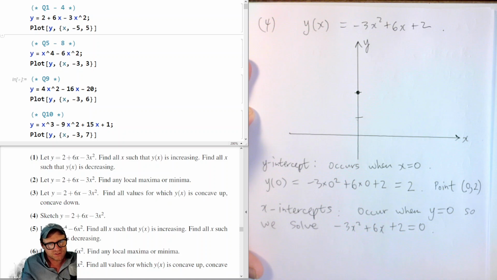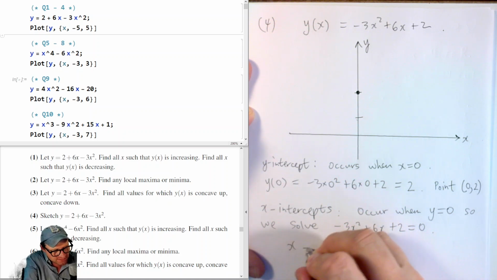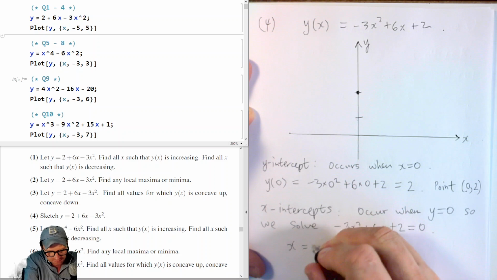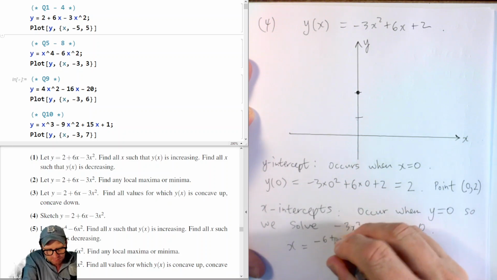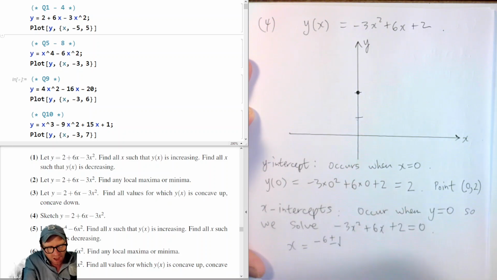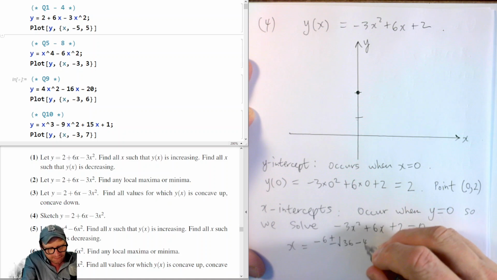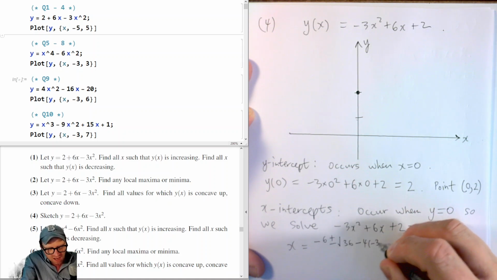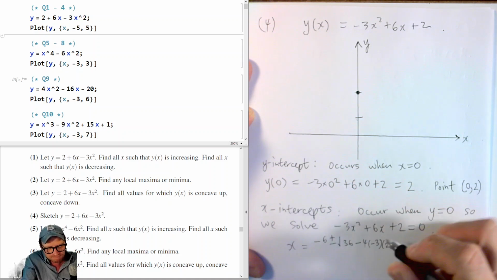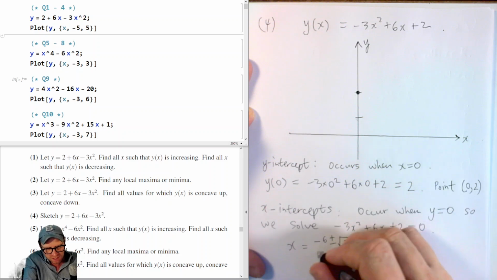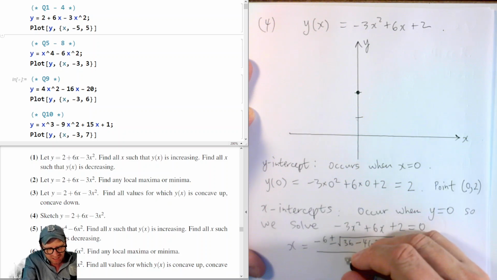So let's go ahead and do that using the quadratic formula. So x is equal to negative b, so minus 6, plus or minus the square root of b squared is 36, minus 4 times a times c, and then that's all over 2 times a.